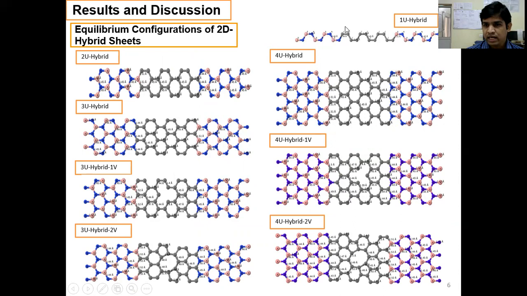Six carbon pairs are replaced by six boron nitride molecules, and it represents a one-dimensional atomic hybrid layer. So it shows a zero band gap.